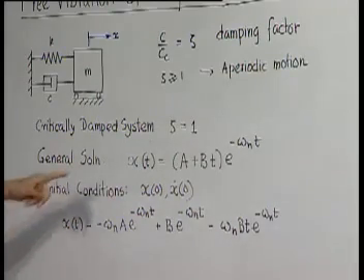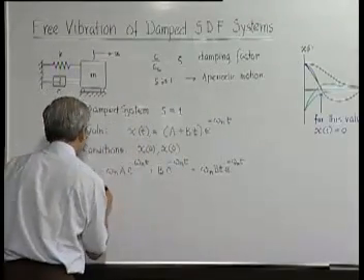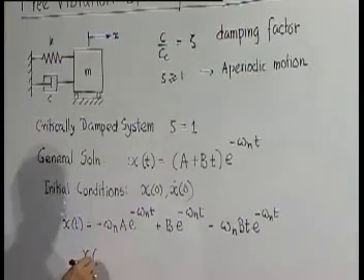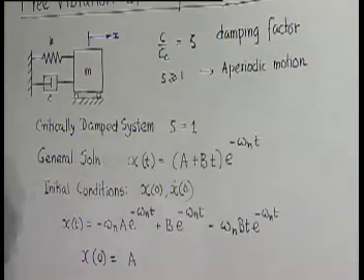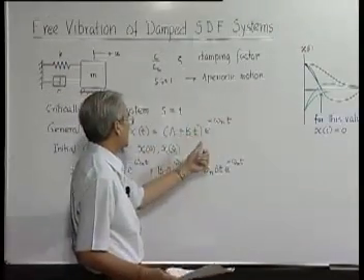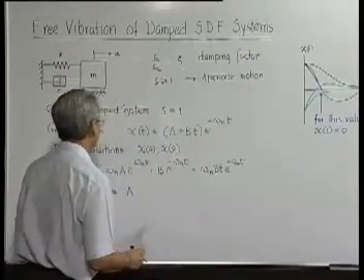Now if you put the initial conditions that x0 is equal to a, when you put t equal to 0, this becomes 1 and this becomes 0, so simply this.